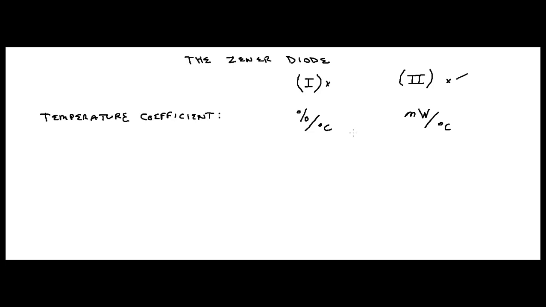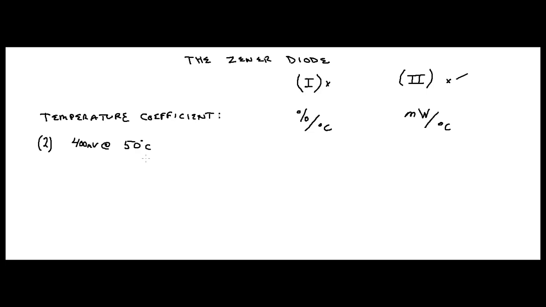So let's set up a problem. A certain Zener diode has a maximum power rating. All right, let me just do what I did before. Here's your second problem. And your Zener has a power rating of 400 milliwatts at 50 degrees C. It's kind of warm, isn't it?